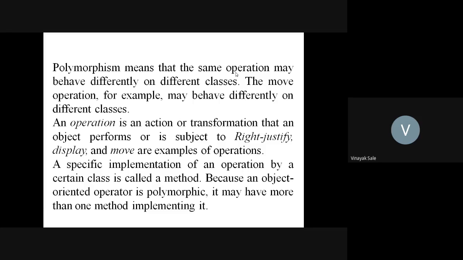An operation is an action or transformation that an object performs or is subject to. Write, justify, display, and move are examples of operations. A specific implementation of an operation by a certain class is called a method. Because an object-oriented operator is polymorphic, it may have more than one method implementing it.